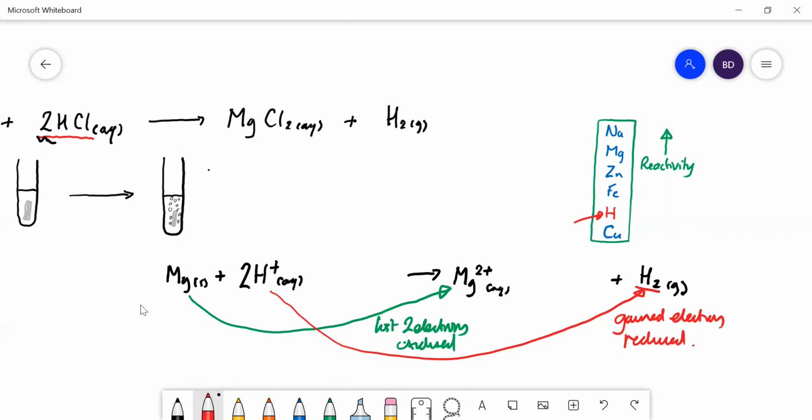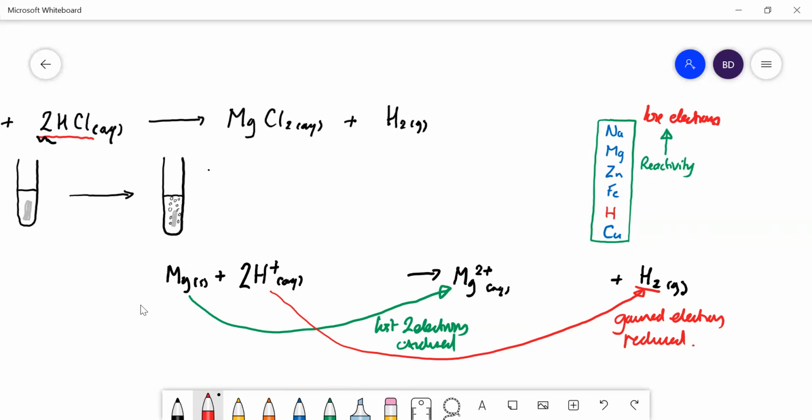So hopefully you can see with our reactivity series then, really, a metal is more reactive when it really wants to lose electrons. The metal atom really wants to lose electrons, the sodium particularly, whereas copper doesn't really care about losing electrons. It's not very reactive.